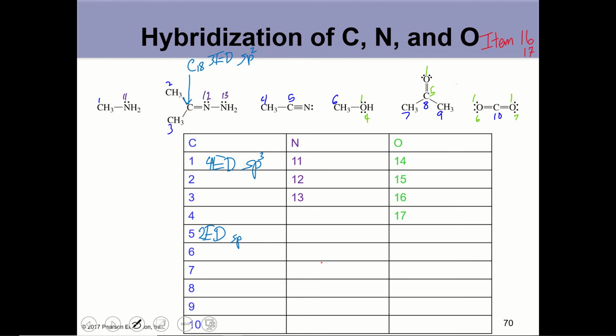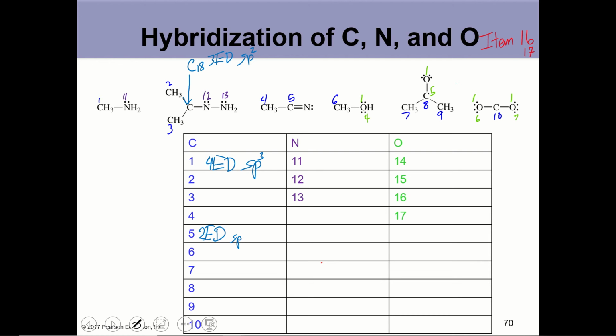I'll do one of the other ones just for practice. We can look at number 12. That's an interesting one. Number 12 is a nitrogen, and it has 2 bond sites and 1 lone pair.